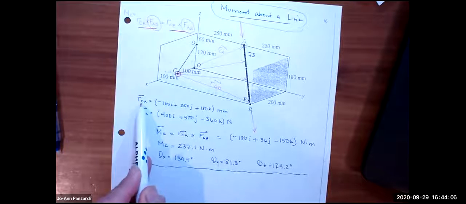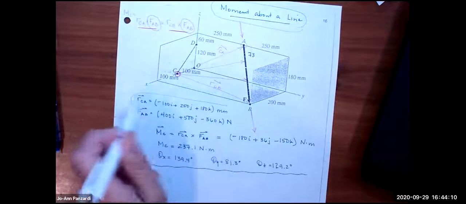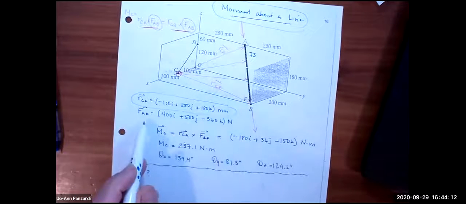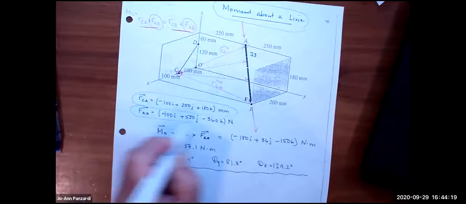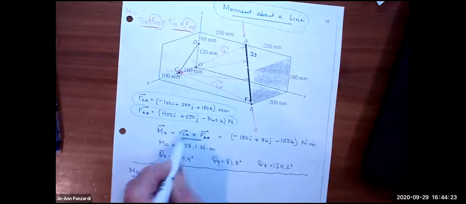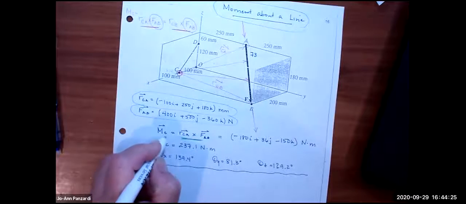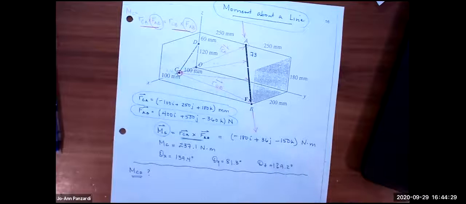On Thursday, we solved for what RCA is, and this is the value for RCA. Then we solved for the components of the force AB. And we crossed these two guys, right, to get our moment about point C. And there was an X, Y, and Z component.